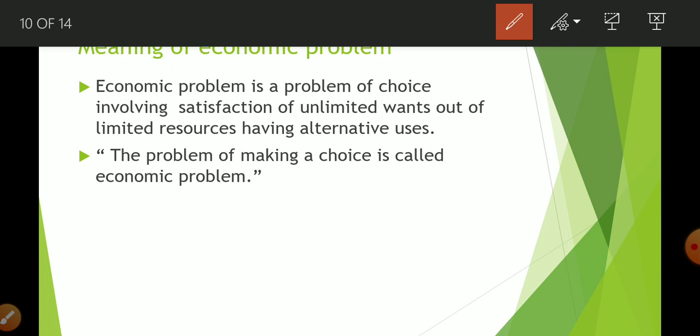So which book you are going to opt for, that is the problem of selection, and that is an economic problem. In this way, in the whole life, from beginning to the end, everyone is facing the problem of selection, and that is known as an economic problem.